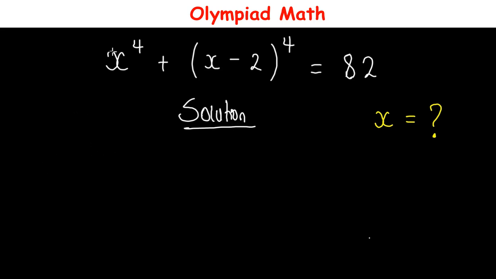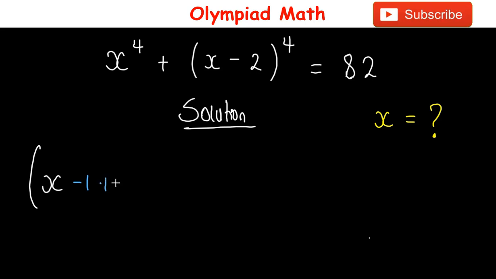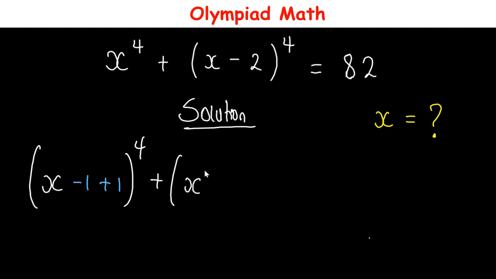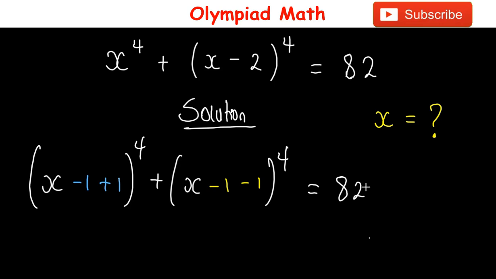So we have x can be written as (x, then we subtract 1 from this and add 1 to this) all raised to power 4, plus (x minus 2) can be written as (x minus 1 minus 1) all raised to power 4 equals 82.